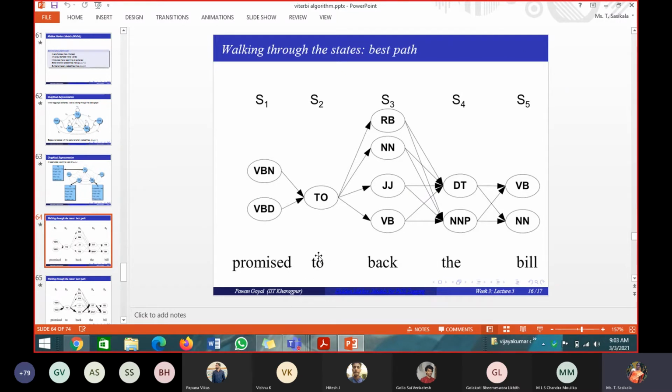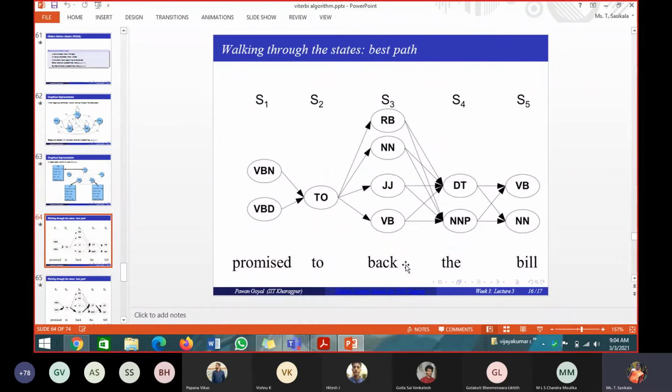So this word to will have how many tags given in this problem? 1. Back is a word which has how many tags? Totally how many tags are given for back?